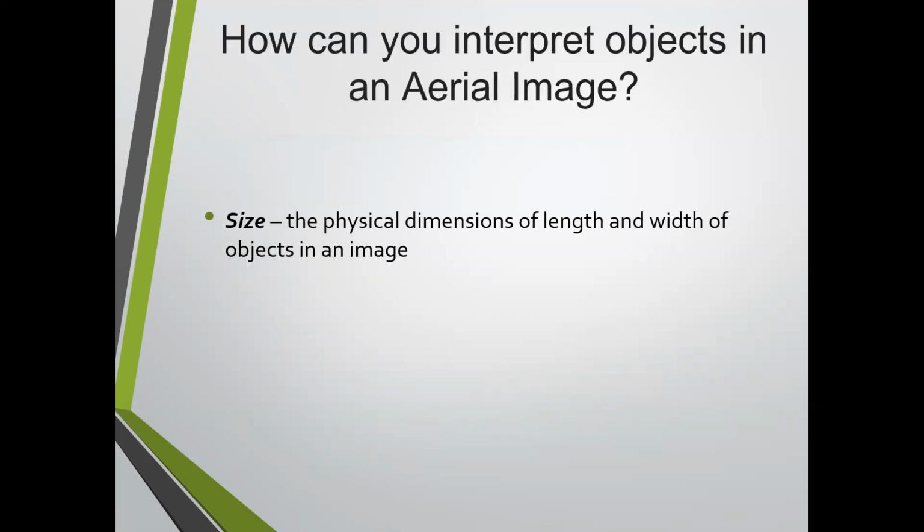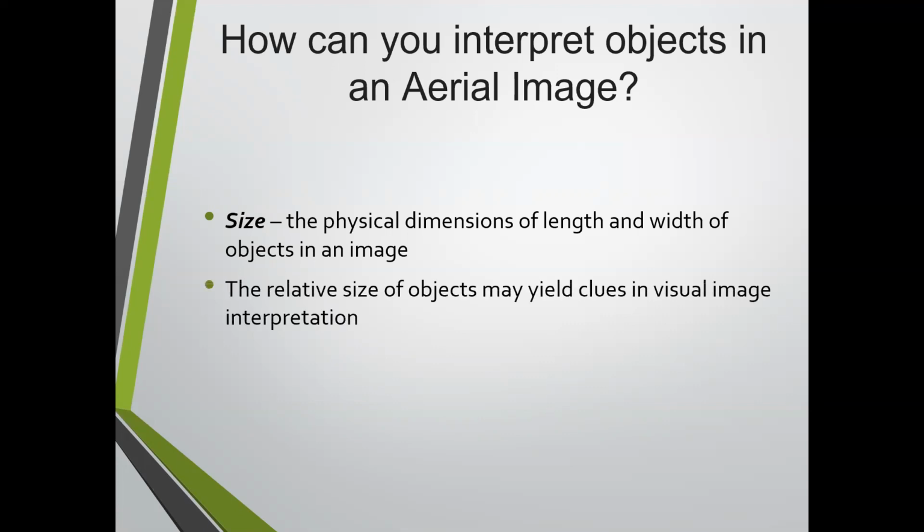So the size, the proximity, all that kind of stuff could come into play there. And then we have size. Physical dimensions of length and width allow you to decide whether you're looking at something really big or really small, especially if you can get something that is pretty visible and you know exactly what you're looking at. So the relative size is going to yield clues to other aspects of the visual interpretation. An average car might be 15 feet long.